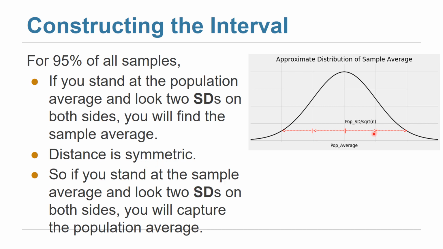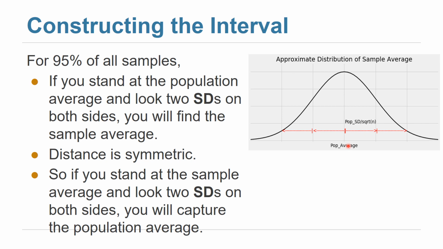So if you got a sample and the average of the sample was located, for example, here, then you know from the central limit theorem and from the normal distribution that within 2 standard deviations from that point, to the right or to the left, the population average will be there. So the confidence interval will capture the population average within 2 standard deviations from the sample average.